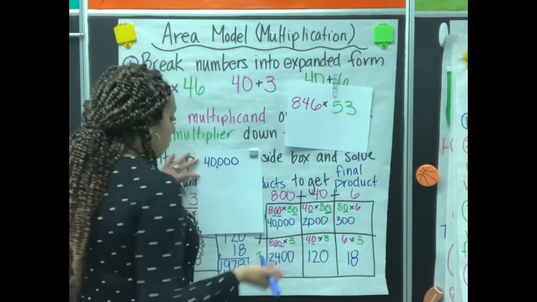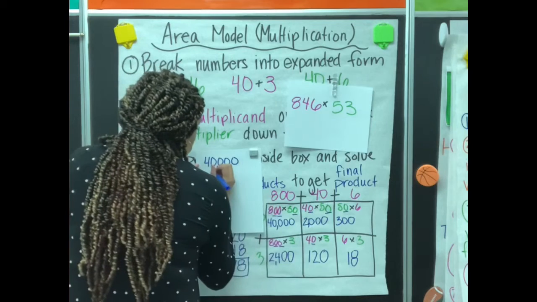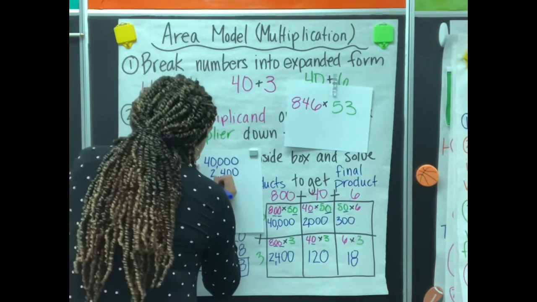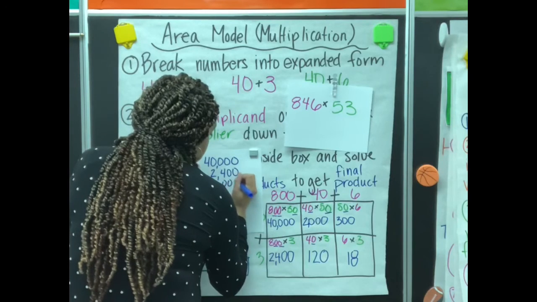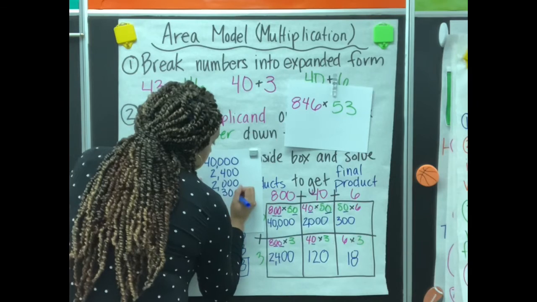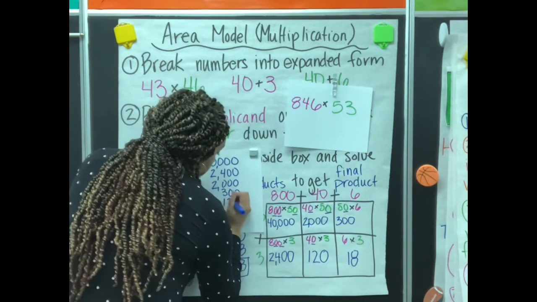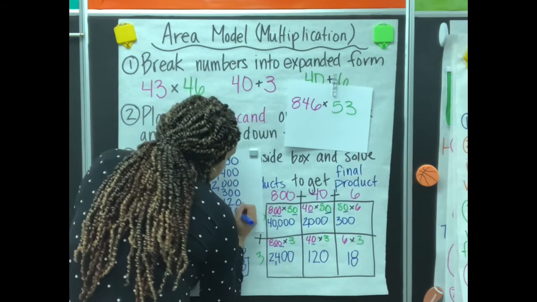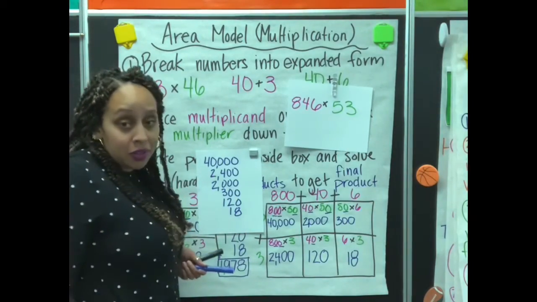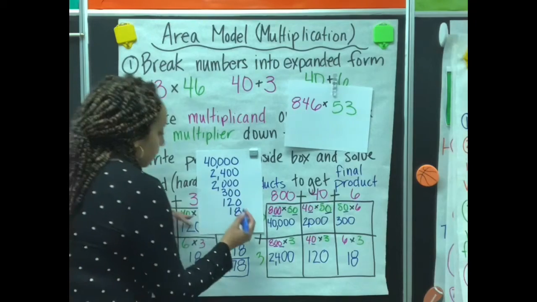We have 40,000. We have 2,400. We have 2,000, we have 300, we have 120, and we have 18. So we line them all up. They're lined up by what kind of value that we've been talking about for forever?